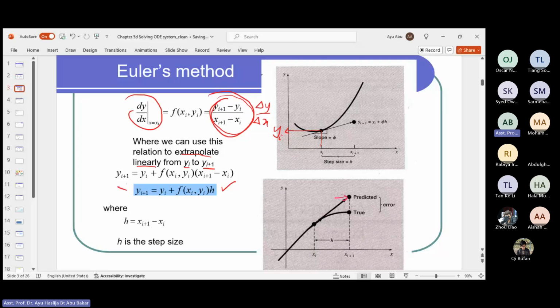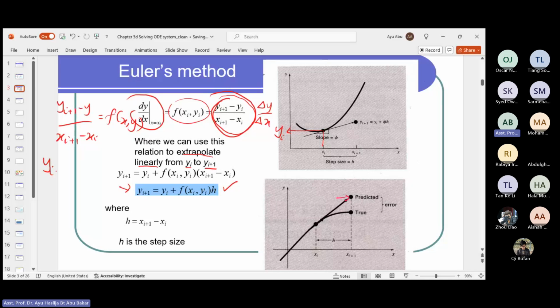Here, I show yi plus 1 minus yi over h, which is equivalent to this, the dy dx. So we bring everything to the right side except the yi plus 1. Then that's how you get the equation.